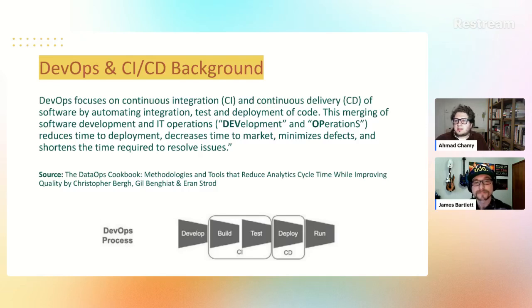DevOps is a methodology, a development methodology that puts at the forefront continuous integration and continuous delivery. It is a way that we can continually update and modify code, in this case Power BI reports and semantic models, and continuously deploy them.